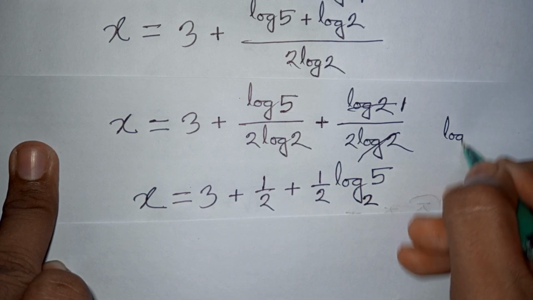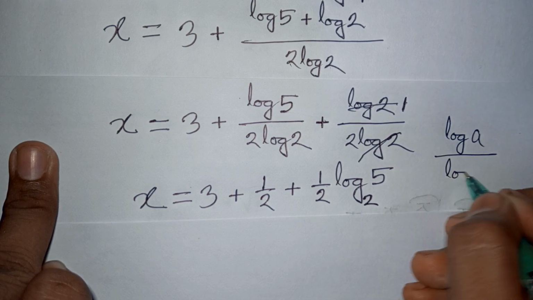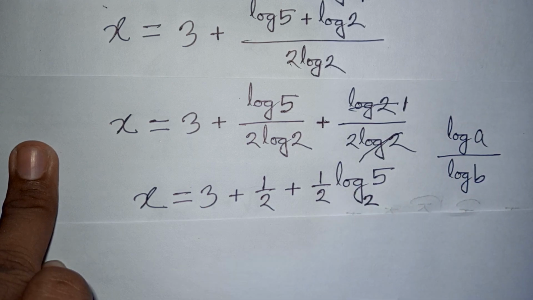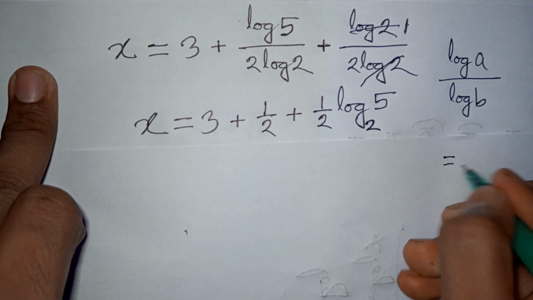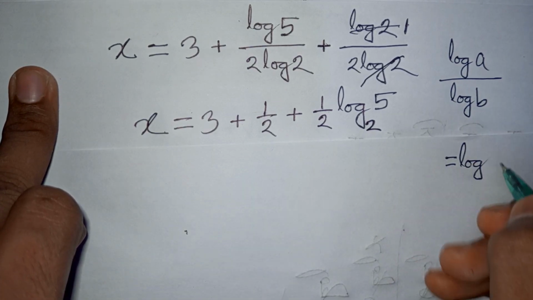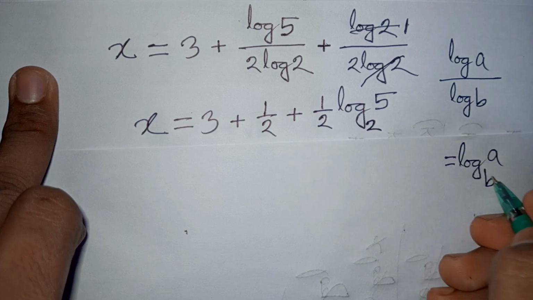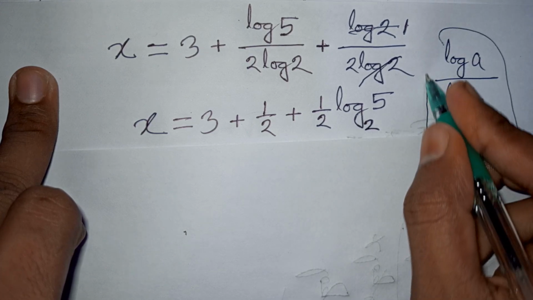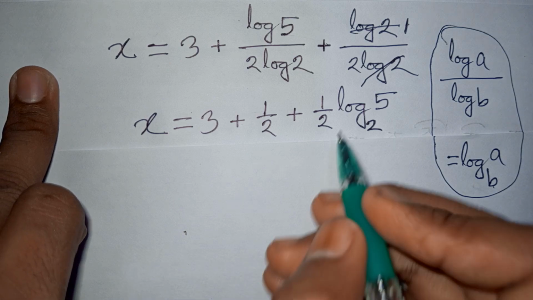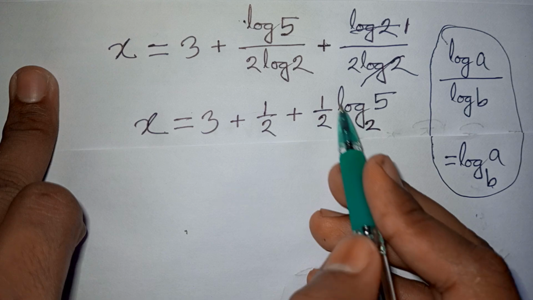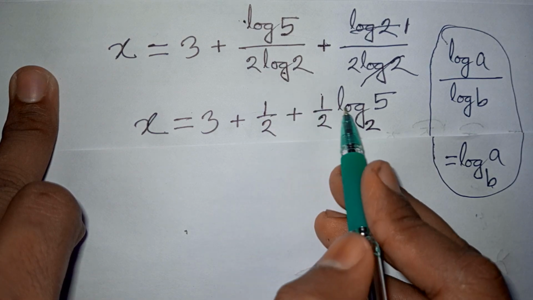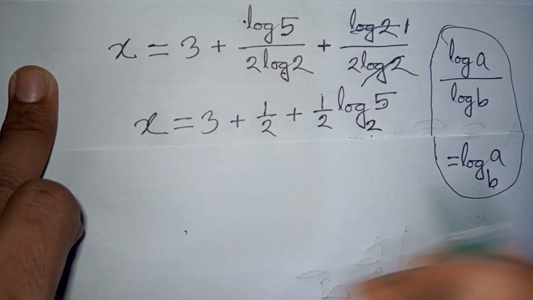According to this formula, log a over log b is equal to log a base b. So here 1 over 2, here 1 over 2, then log 5 over log 2 is the same as log 5 base 2 according to this formula.